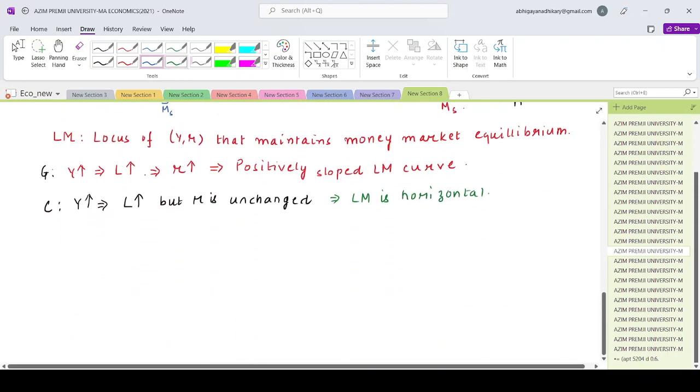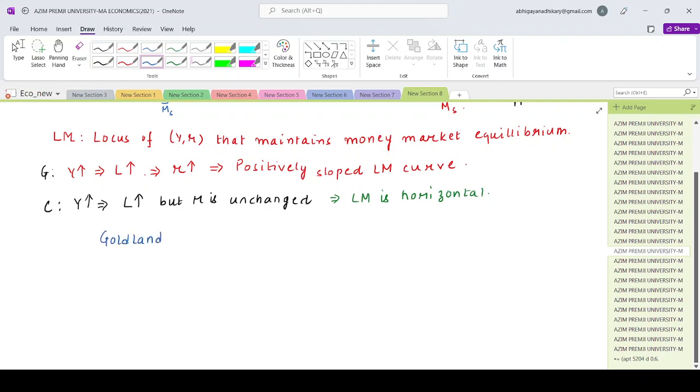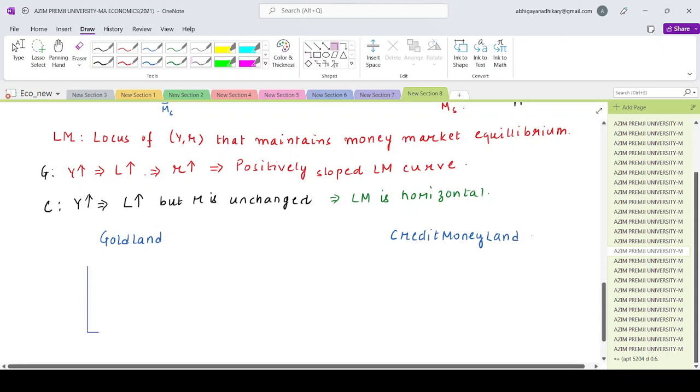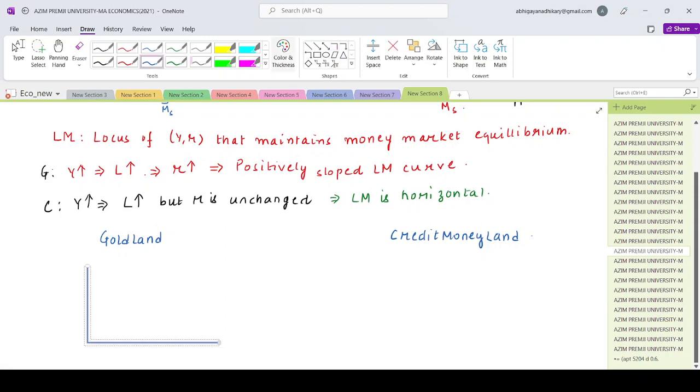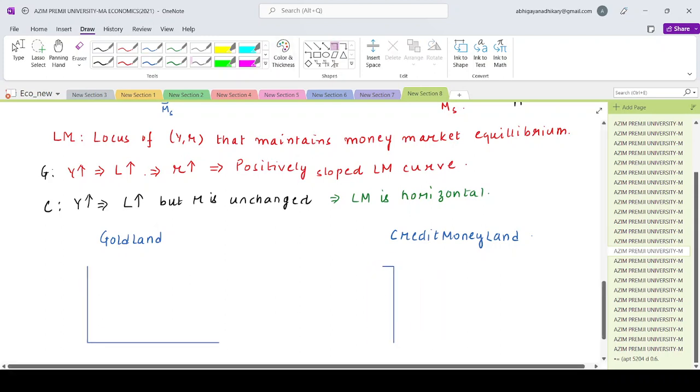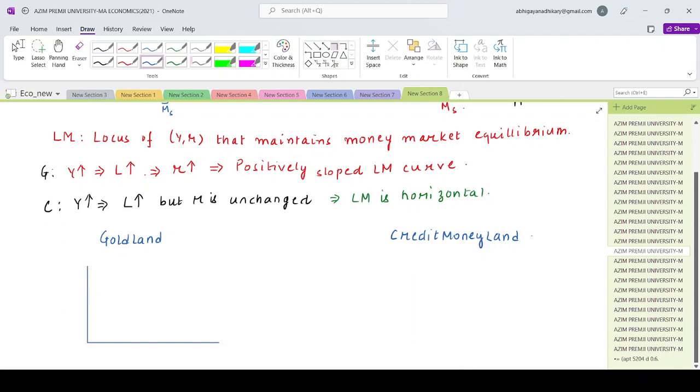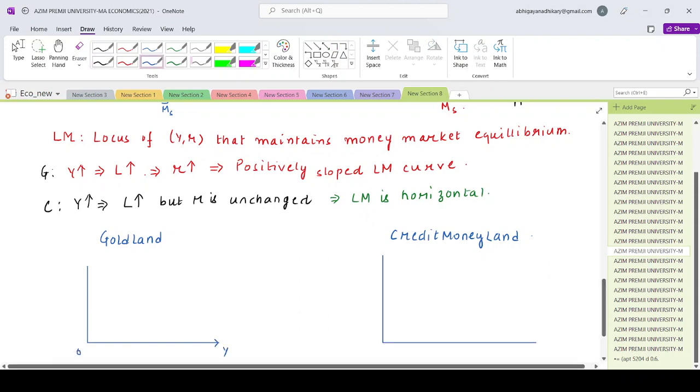So let me draw the IS-LM diagram once more, the first for Gold Land and the second for Credit Money Land, with Y on the horizontal axis and R on the vertical axis.